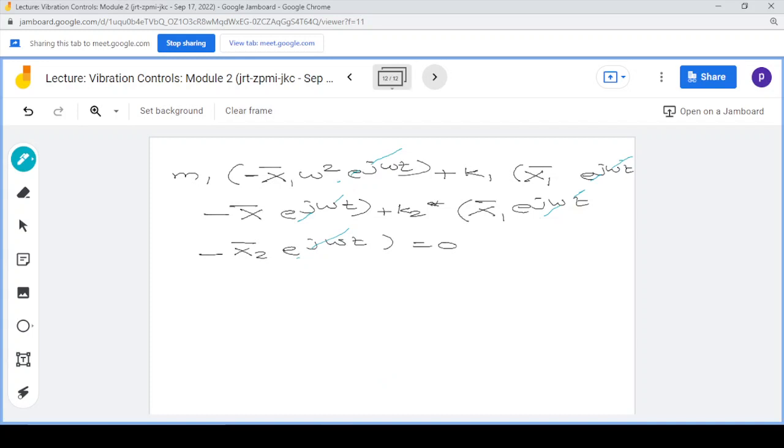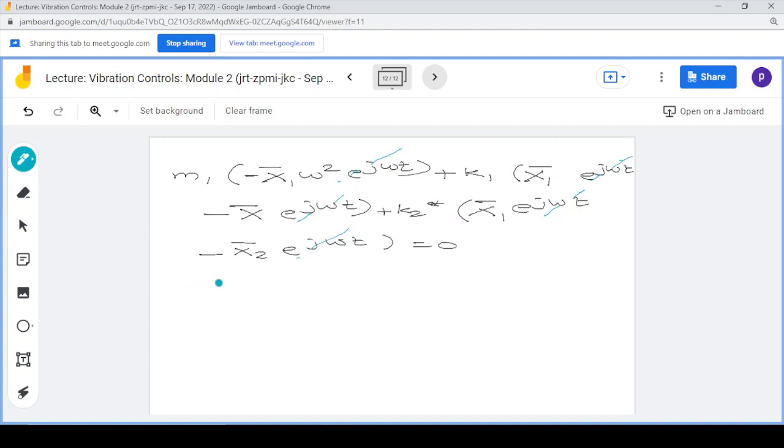Now, if we simplify, taking the terms having x1 common, and k2 common, keeping the x bar separate, keeping the x1 separate, and keeping the k2 star separate.